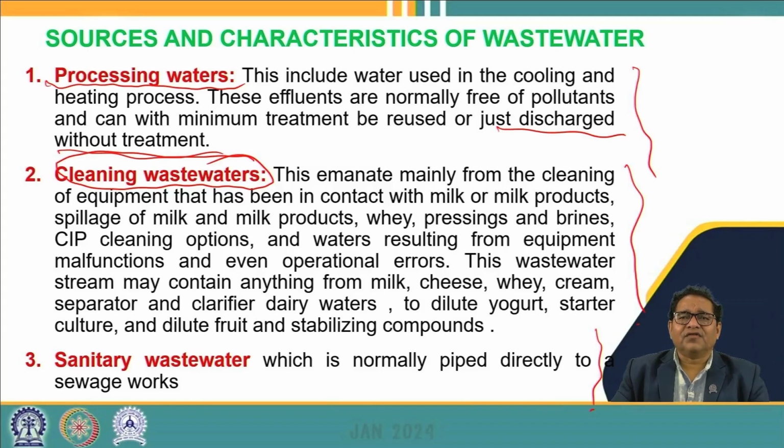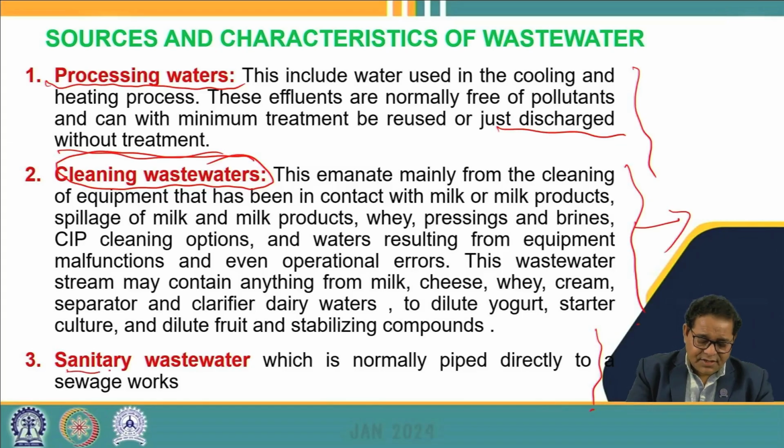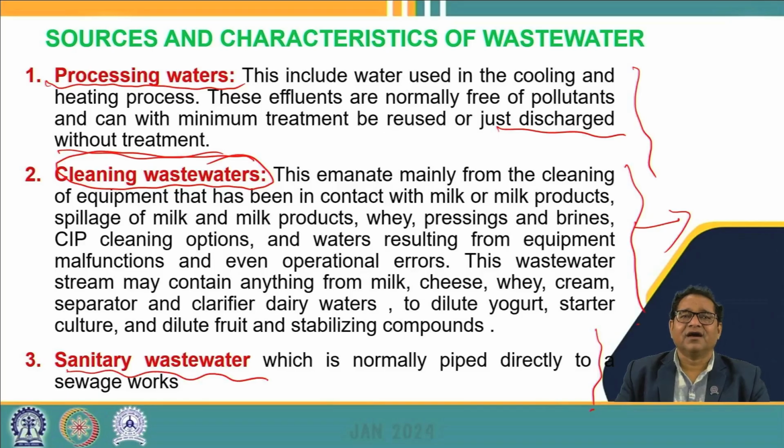These are processes wherein a lot of cleaning of the equipment, machinery, vessels and containers has to be carried out, for which we use a lot of acids, disinfectants and sterilizers. These are generated in wastewater streams. And then there are also residential areas and offices, which generate another type of wastewater called sanitary wastewater, which is directed for treatment to a sewage treatment plant.